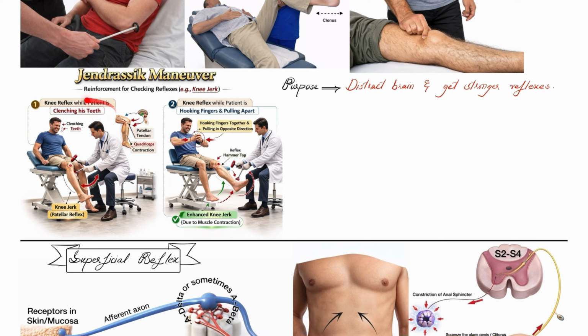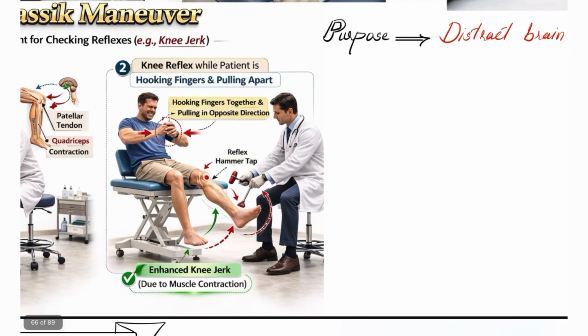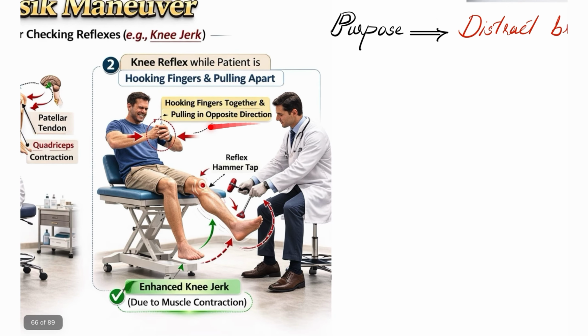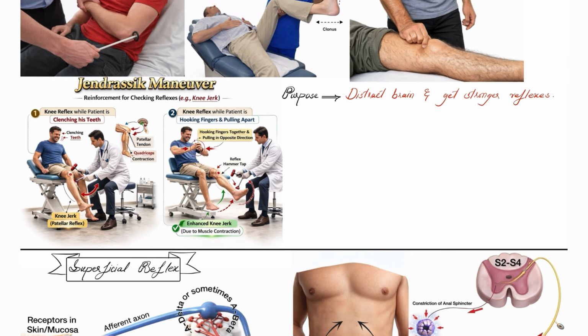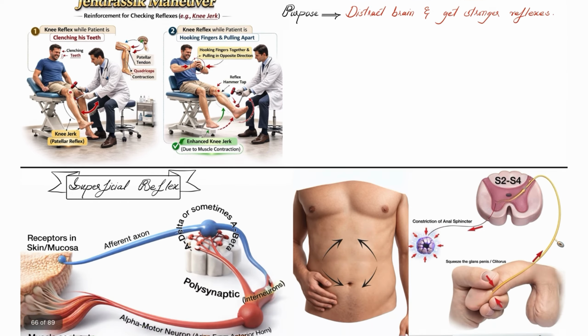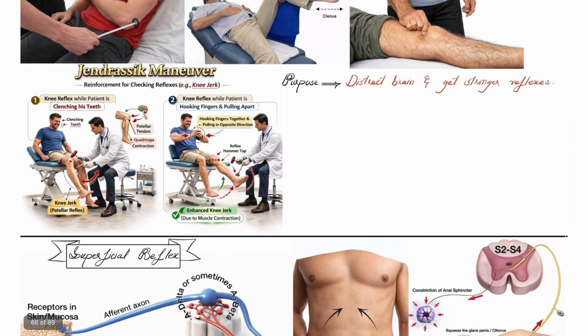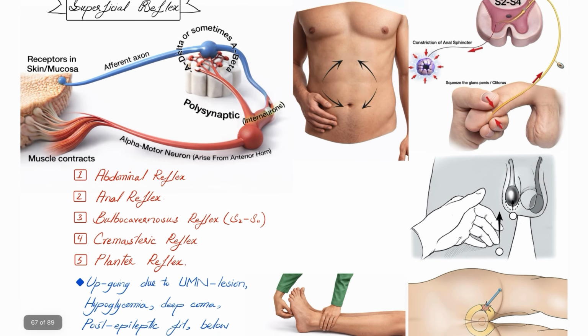Either ask the patient to clench his teeth while you are trying to elicit the reflexes, or you can ask the patient to hook his fingers together and pull them apart when you elicit the reflex. In this way, the reflexes are exaggerated. Why? Because the brain is distracted. So we are done with the deep tendon reflexes.